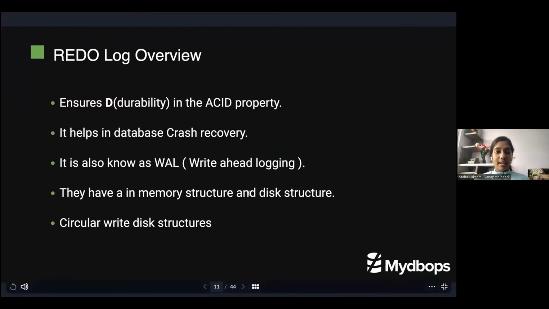The writes are in circular on-disk structures, because until 8.0.30 we have two redo log files, and from 8.0.30 we have 32 redo log files, which we'll discuss in the last slide of this presentation.